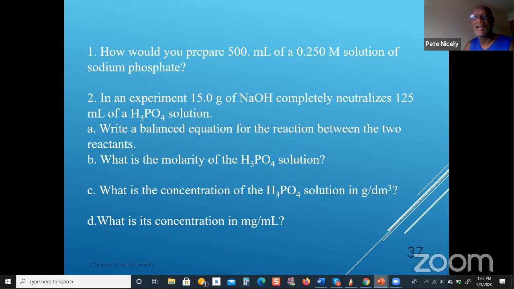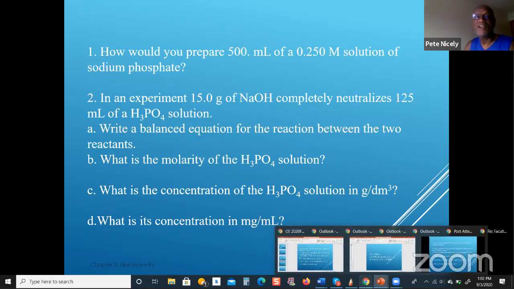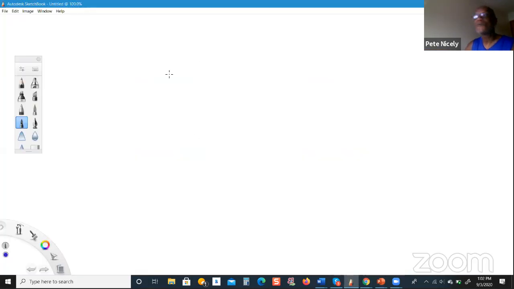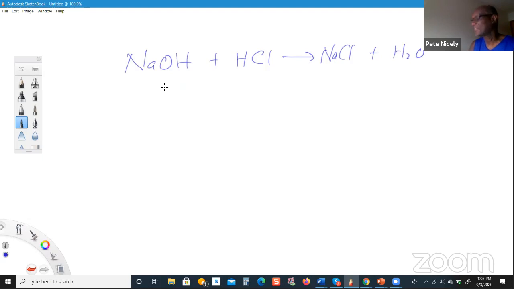So we have to identify what the reactants are, which in this case would be the sodium hydroxide and the hydrochloric acid. We talked about neutralization reactions already, so you should know by now that the products will be sodium chloride and water. So that would be the balanced equation, and that would answer the A part.